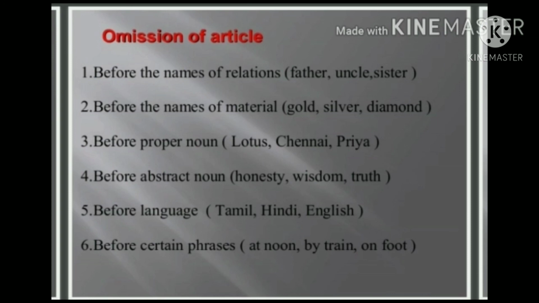Fourth, before abstract nouns like honesty, wisdom, truth. Fifth, before languages, can be any language, example Tamil, Hindi, English. And sixth, before certain phrases, example at noon, by train, on foot, etc.